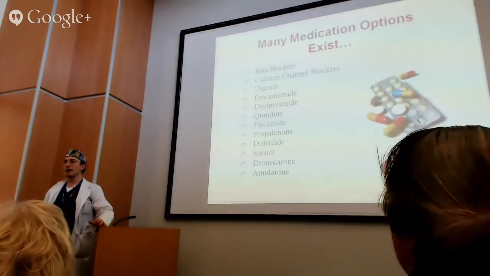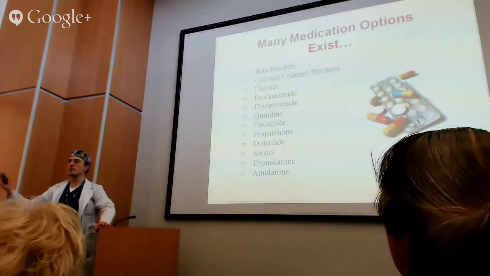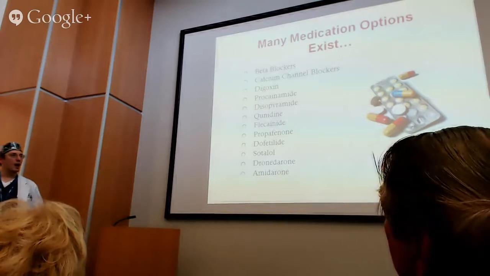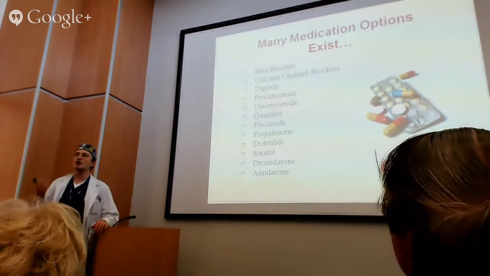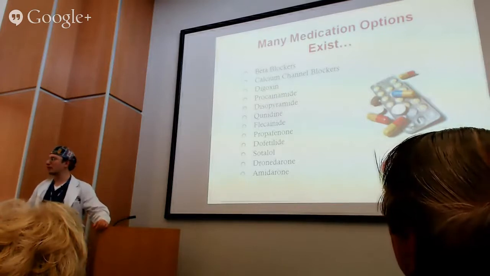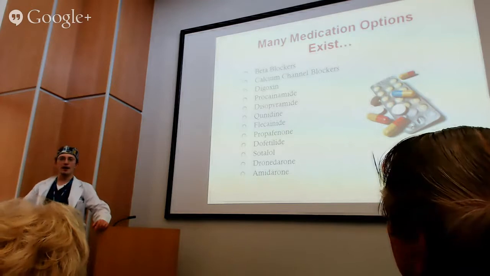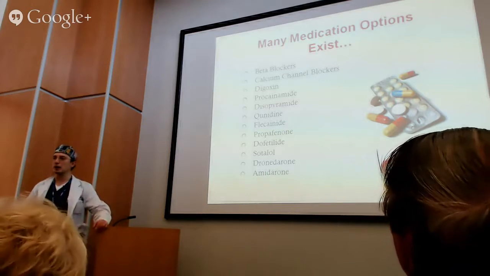So the obvious first choice for treating some of these is medications, and this is something that's available everywhere, it's a common problem. Here is an abridged list of medications that are available for treatment of atrial fibrillation. As you can see, this list is very long, and this is not even all the medicines that we have for treatment of atrial fibrillation.